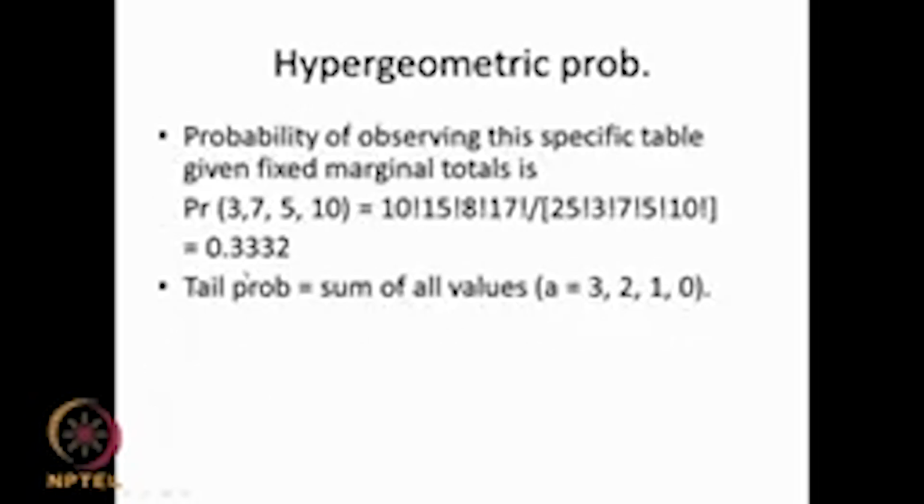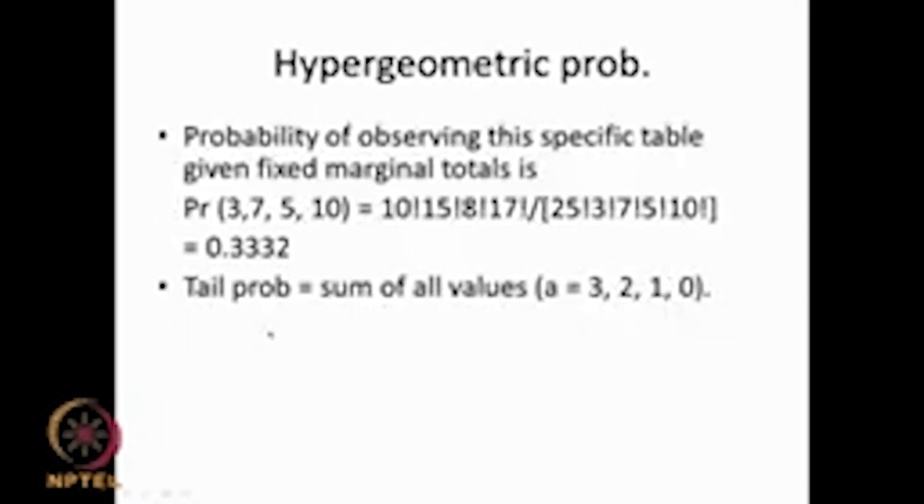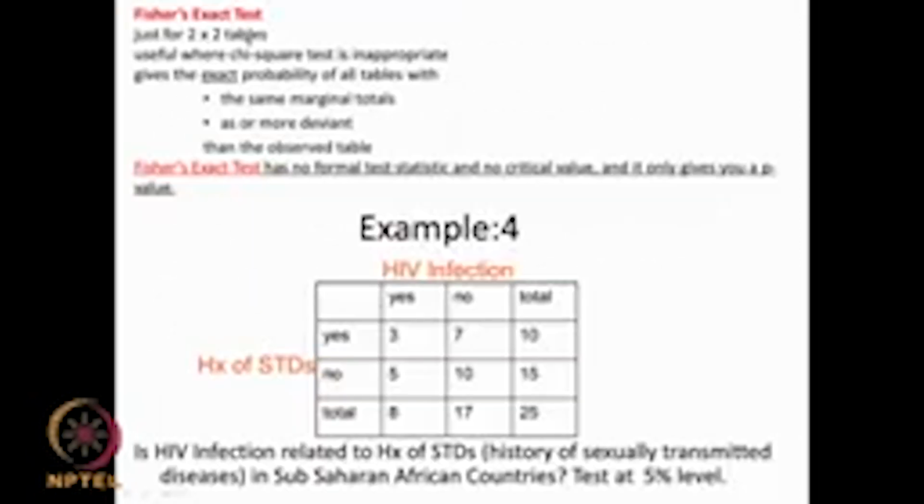So, a probability of finding this sort of 3, 7, 5, 10 is given like this, probability of finding 2, 8, 6, 9 is given like this, probability of finding 1, 9, 7, 8 is given like this, probability of finding this is given like this actually. Do you understand? So, this Fisher's exact test is used in situations where there is no test statistic. We cannot use a chi-square, but it gives you a probability value here.